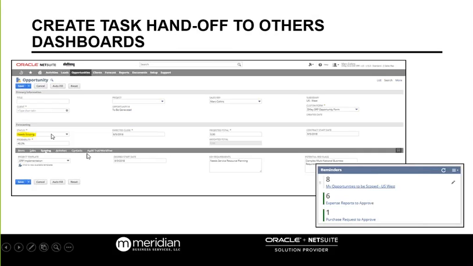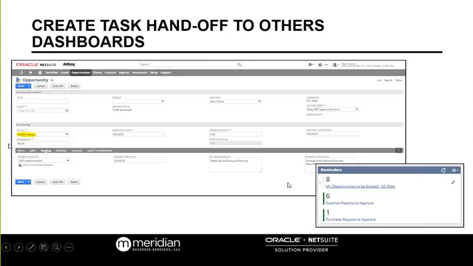Another thing along the same lines is creating dashboards with handoffs to others. In our world, we are a service business that implements NetSuite, and we commonly have an opportunity where we're working with an organization to evaluate NetSuite, and we go through the scoping process. That might show up on the dashboard of a professional services director as opportunities that need to be scoped.